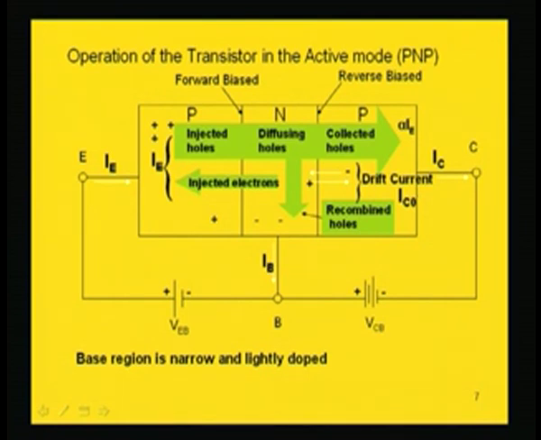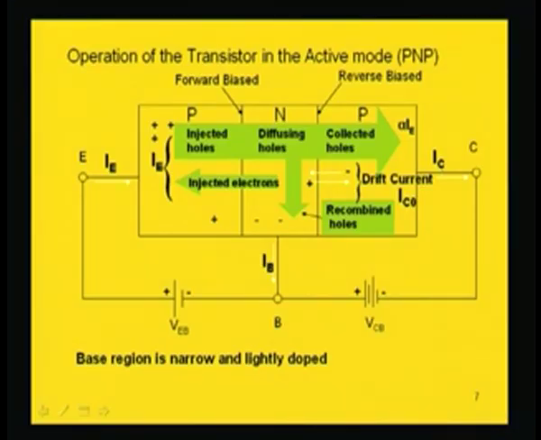So, now the total collector current will be due to two components. One is due to the holes which are reaching from emitter, crossing the base junction and reaching the collector, and the other is due to the reverse saturation current.